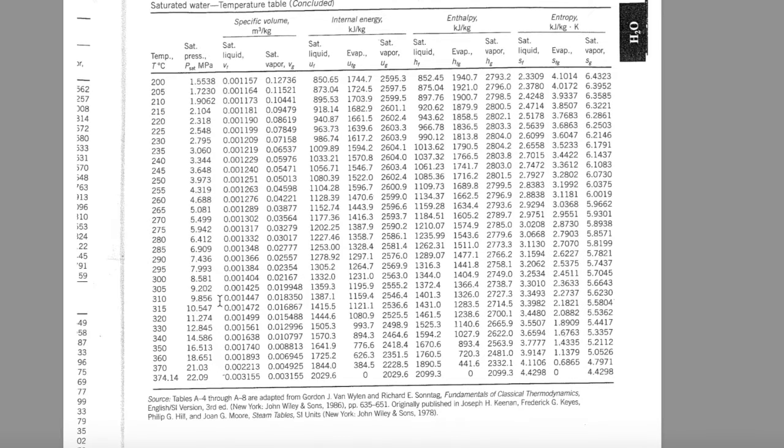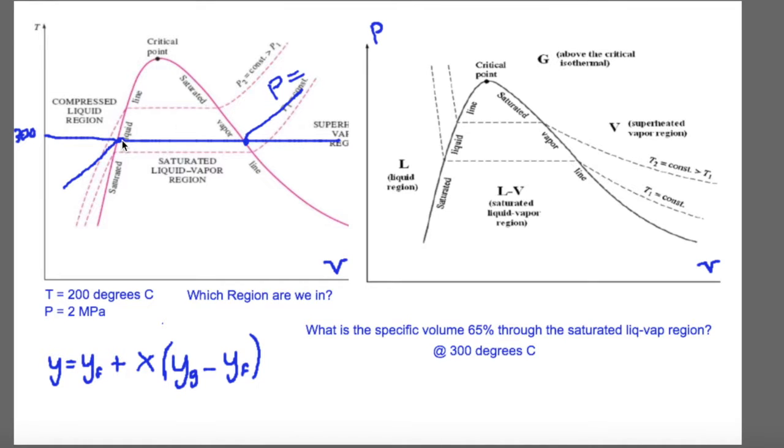So you go down at 300. The specific volume for the fluid is 0.001404, and for the gas part it is 0.02167. So these are the two values you have here. You have one value here and one value here. So that's how you would see it. You can go down like this and you can see it very easily.